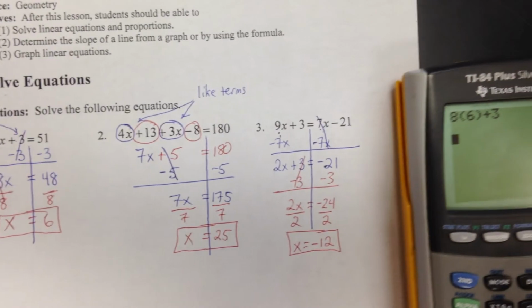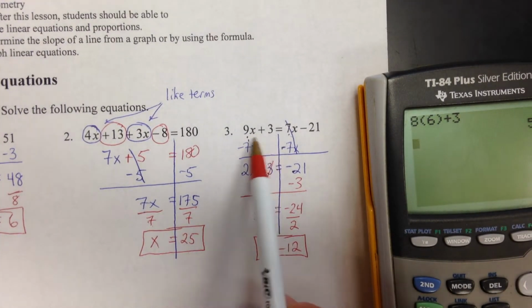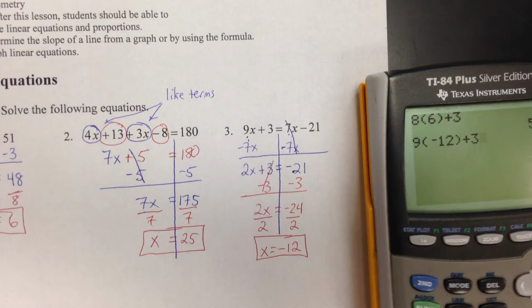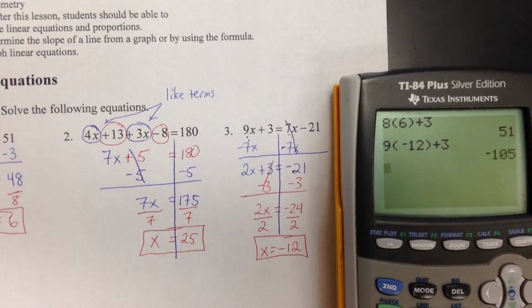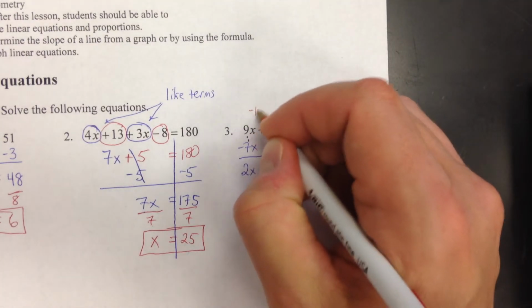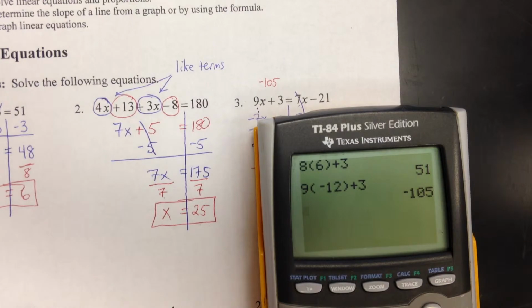Just to show you the check on this, I would take negative 12 and substitute it into the left side. I would do 9 times negative 12 plus 3, and that equals negative 105. So the left side here is negative 105. The question is, is the right side also negative 105?